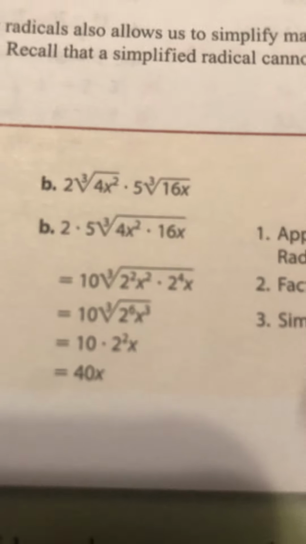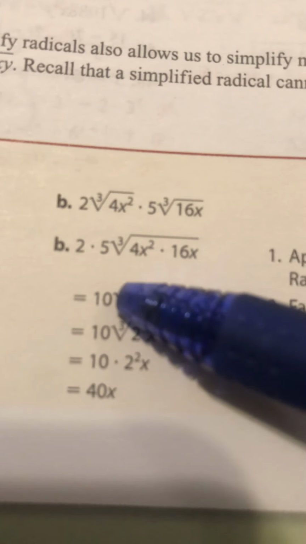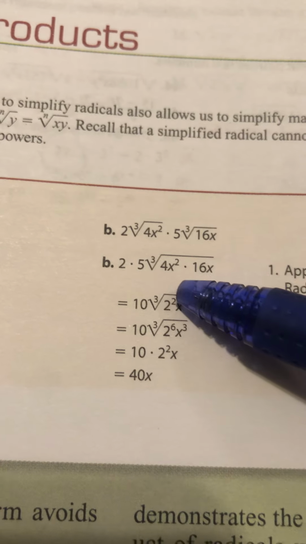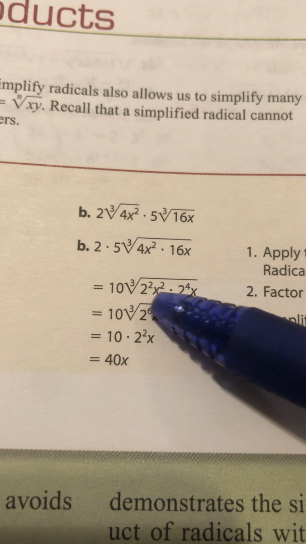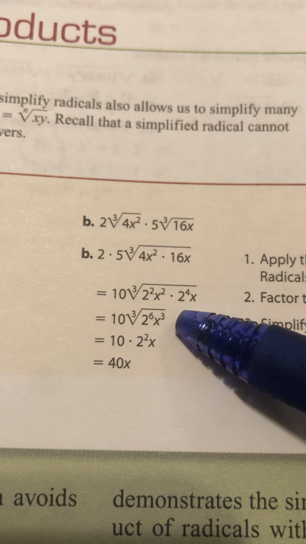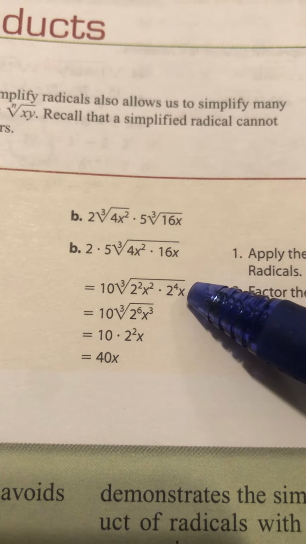And if you look in your book right here on B, they've done the exact same thing. They went ahead and combined 5 and 2, got 10. They combined these, 4x and 16, giving 2 to the fourth, because that's just 2 times 2 times 2 times 2, x.